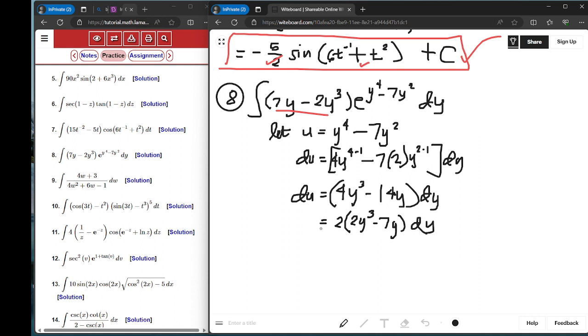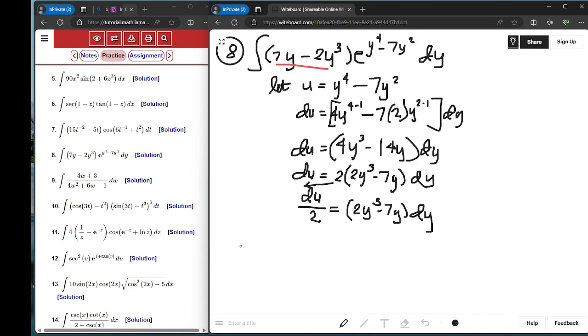Then if we cross multiply, we transfer the 2, so this will become du over 2 is equal to 2y cubed minus 7y, which is the same as this, but they just have different signs. In that case, we can rearrange them.